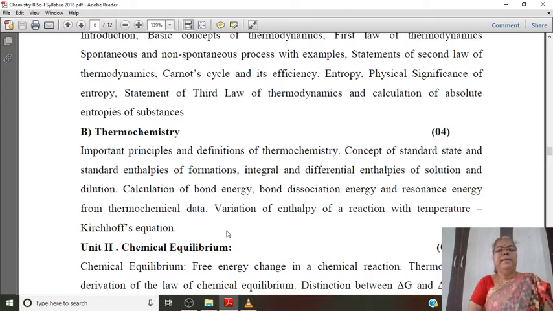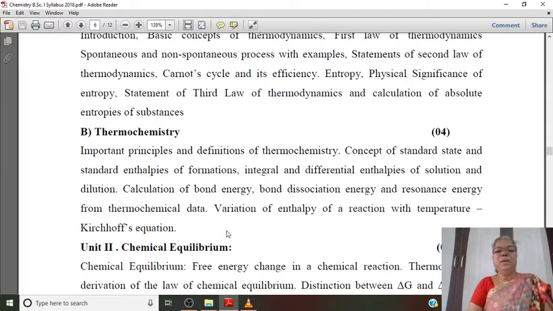thermochemistry. In thermochemistry, you have to learn the important principles and definitions of thermochemistry, the concept of standard state and standard enthalpies of formation, integral and differential enthalpies of solution and dilution, and calculation of bond energy, bond dissociation energy, and resonance energy from thermochemical data.